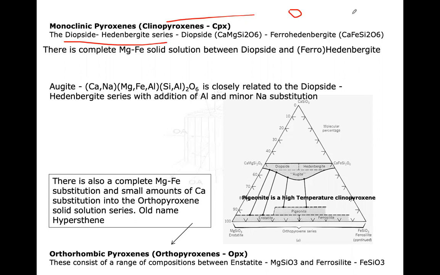You remember solid solution? So one side is one composition and the other side is another composition, right? So the extreme ends we call end members. Okay, so we have a series like that.